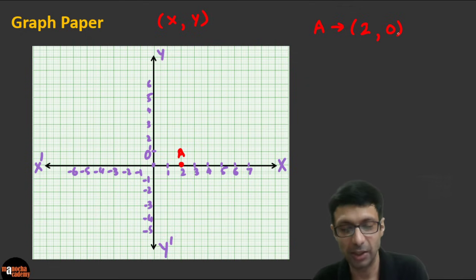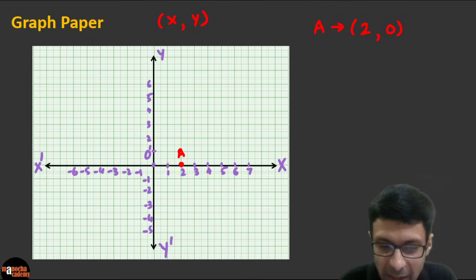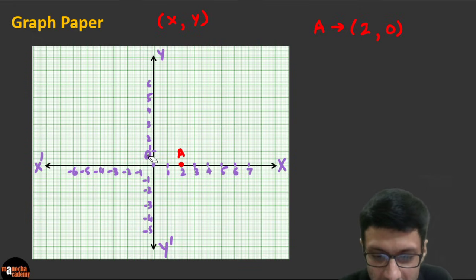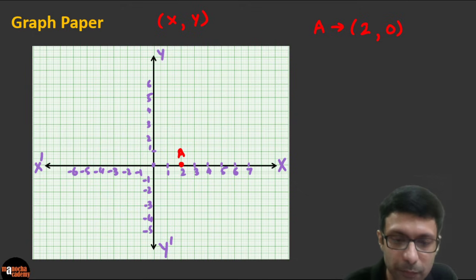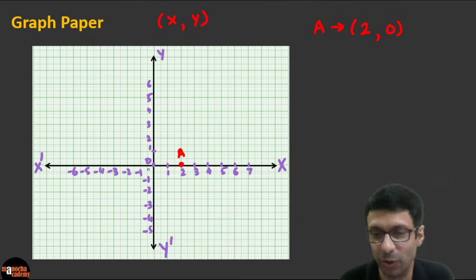Why? Because the X value is 2 on the X axis, and if we draw this line here, it's going to hit the 0 of the Y axis. Let me mark this. This was our origin O, so let me erase that. So this is 0. So 2, 0. Very good, guys.